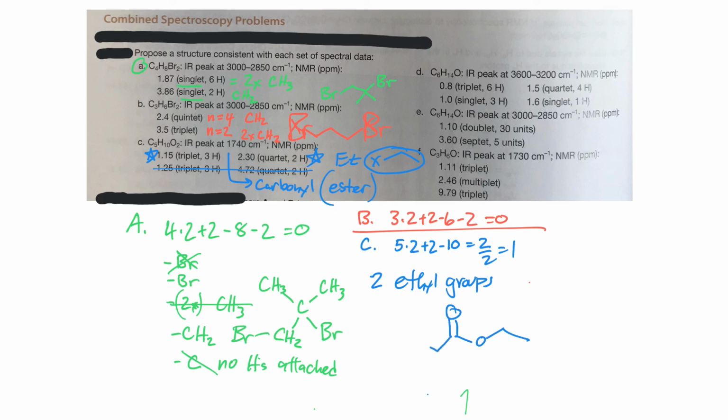We only have one attachment point here on this ester, and so most likely this is what we get, with 2 different ethyl groups that are experiencing different chemical shifts. Does this match the formula? Well, let's count. 1, 2, 3, 4, 5 for carbons. 5 hydrogens here, 5 hydrogens here, that's 10, that works, and I have two O's. So this definitely works, matching the formula for number C.